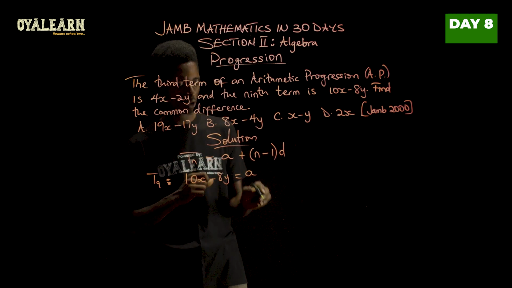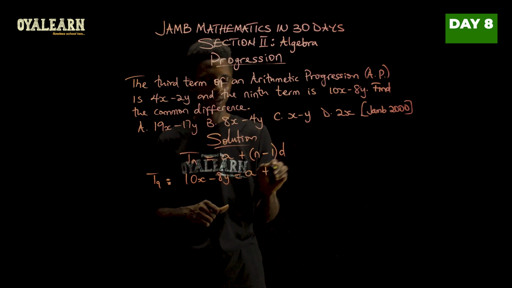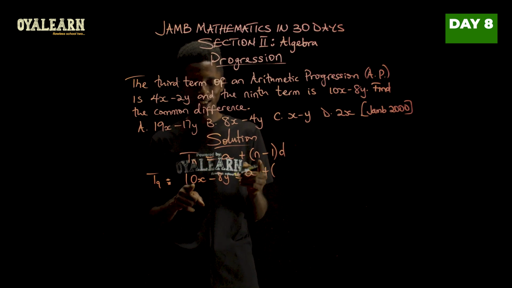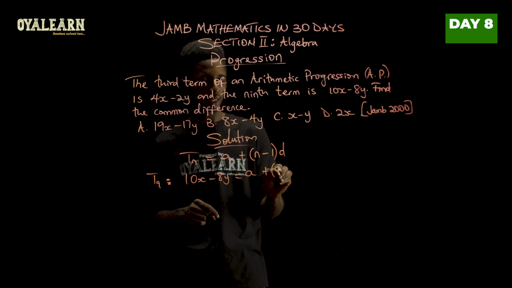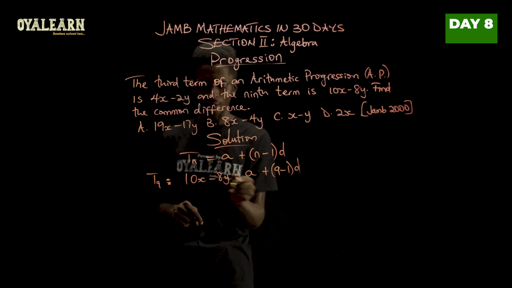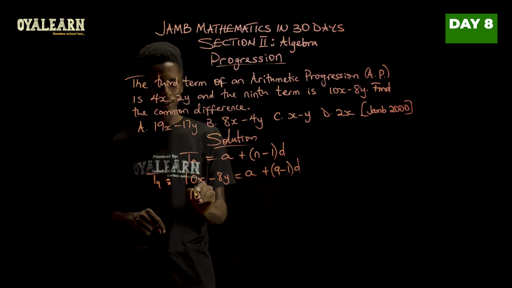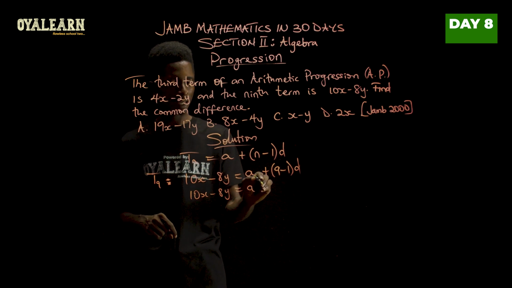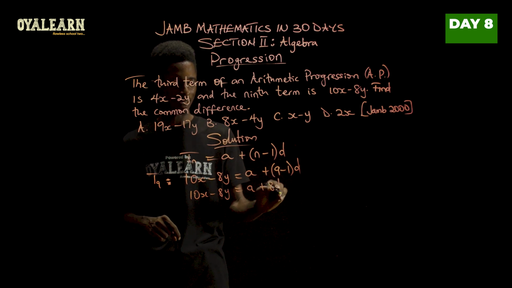We don't know that, so we still leave it as A, plus, now this is the ninth term, so that will be 9 minus 1, close bracket D. Now if we tidy this up, we would have 10x minus 8y equals A plus 8D.